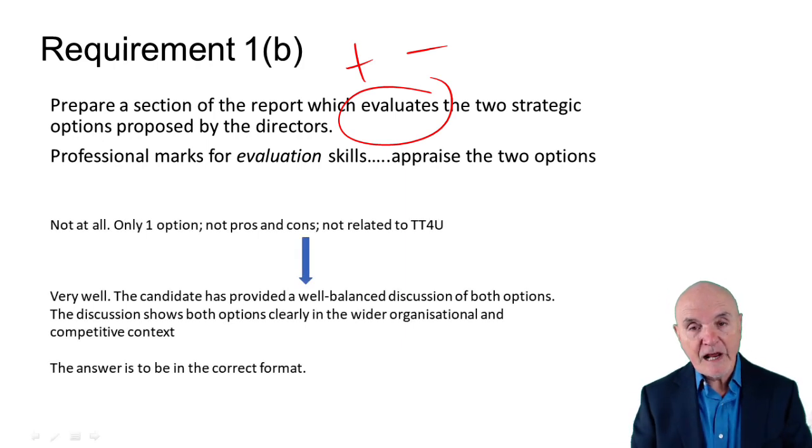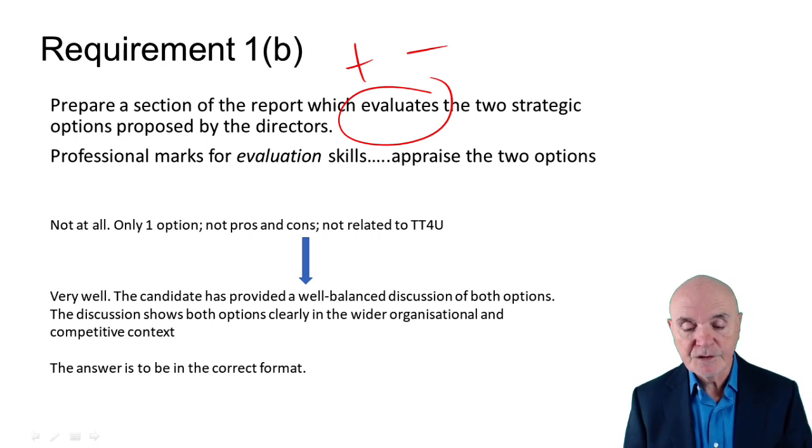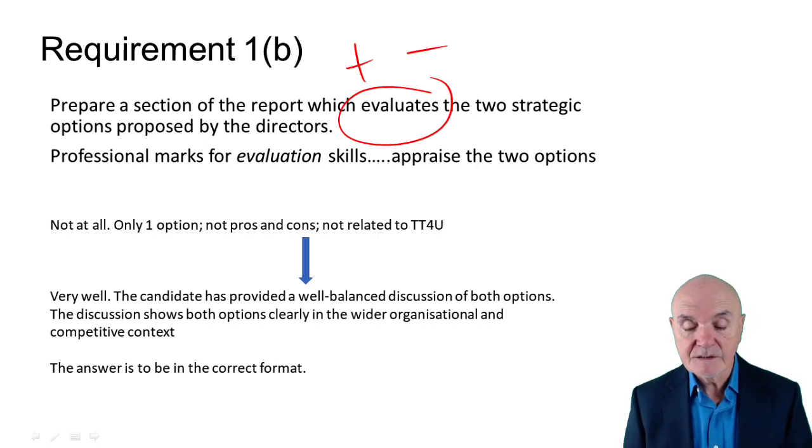Again, just looking at the range of marks you might get in the evaluation skills here. No marks at all: you look at only one option, you don't look at the pros and cons, you just explain it or something not particularly related to IT for you.